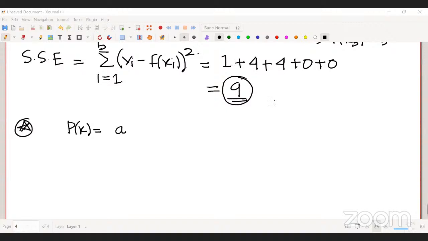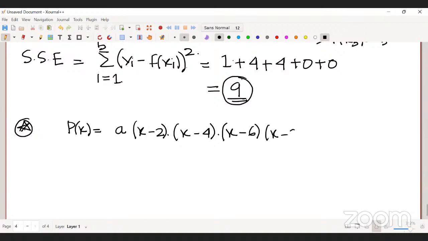Okay, can you go a little slow? So P of x is a into x minus 2, x minus 4, x minus 6, into x minus 8.